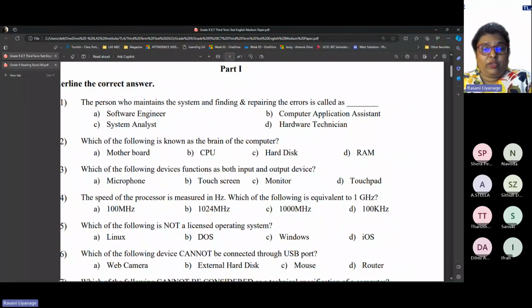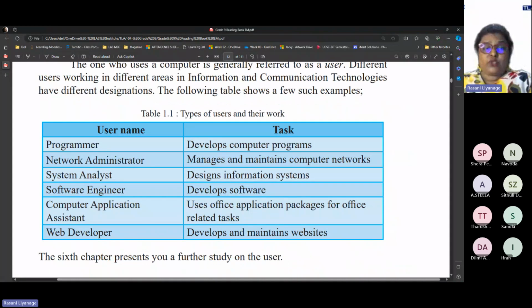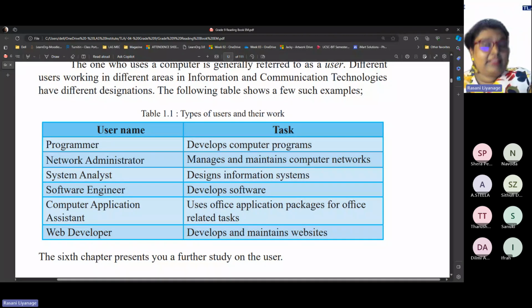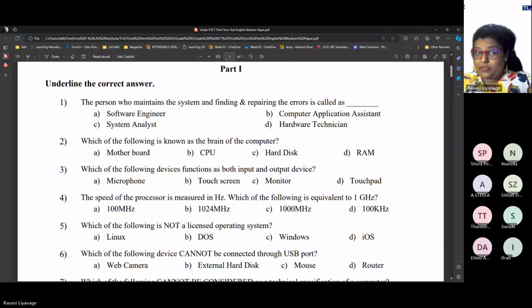Now here, only a closer task is there. The direct answer is not there. Here they ask about a system. When you say a system, it is not just the hardware part, it is the software part as well.